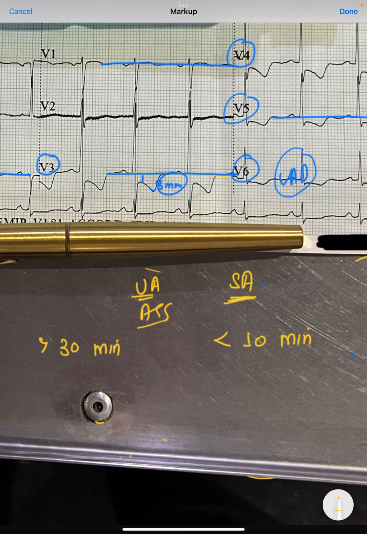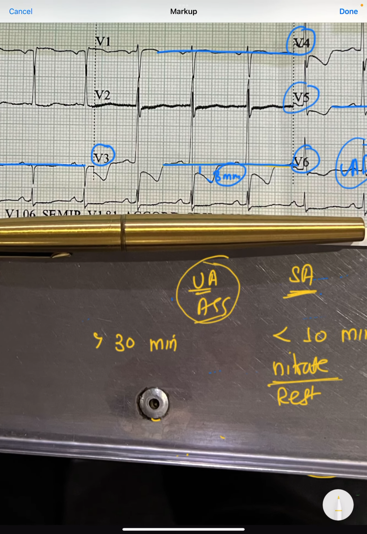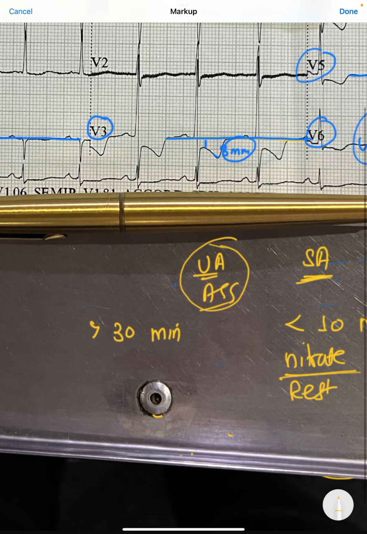The stable angina pain gets better after taking nitrates or after taking rest, whereas in unstable angina the chest pain does not get better even after taking the nitrate, sorbitrate, or even after taking rest.